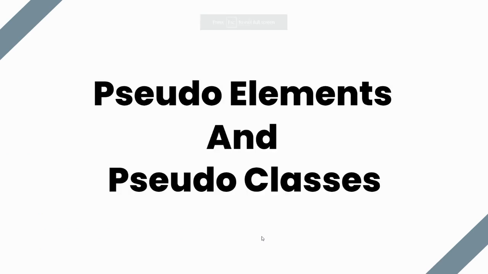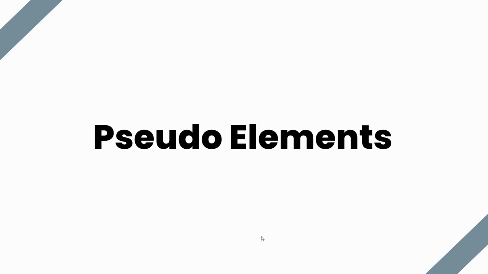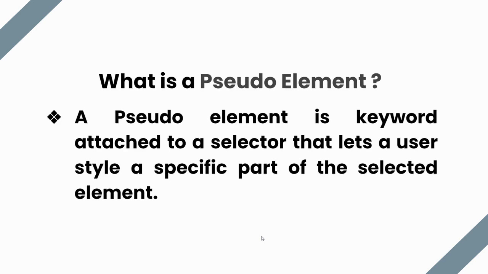So in this section, we'll be learning about pseudo elements and pseudo classes. So here we have the first part of this section, which is on pseudo elements. So what is a pseudo element? A pseudo element is a keyword attached to a selector that lets a user style a specific part of that selected element.